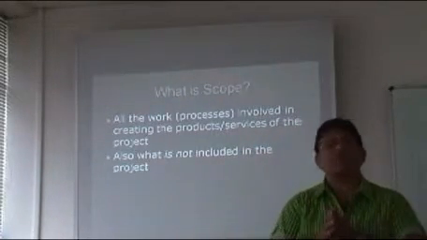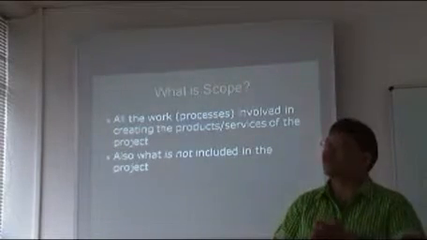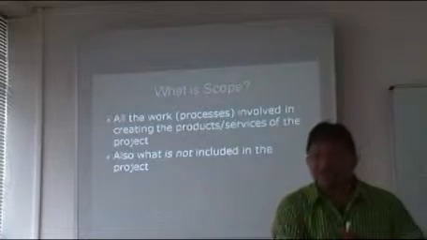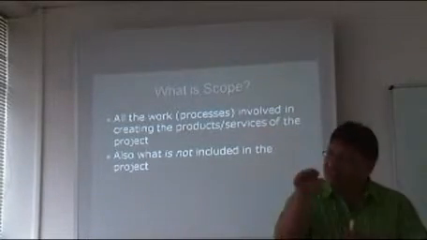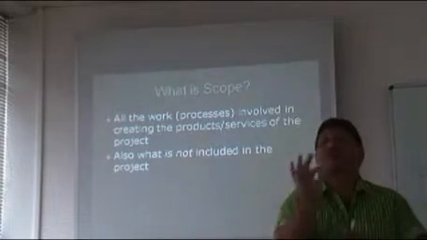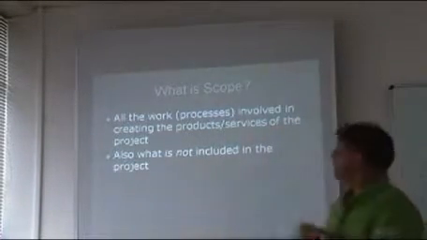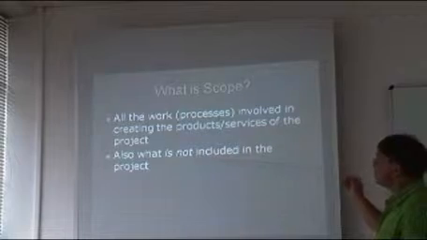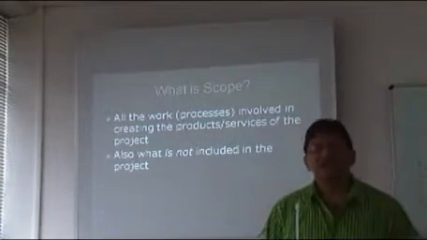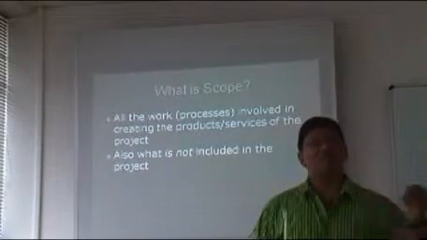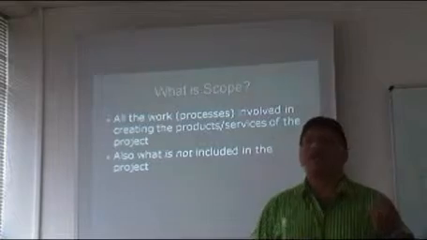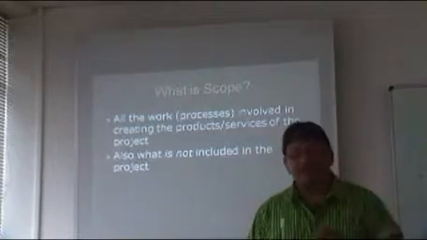Today, project managers will spec the scope of work for a project, and they specify what needs to be done. They specify the scope, but what they don't specify is what is not in the scope. And this thing here, what is not included in the project, has caused many projects to fail from a lessons learned point of view, because people don't stipulate what is not included.